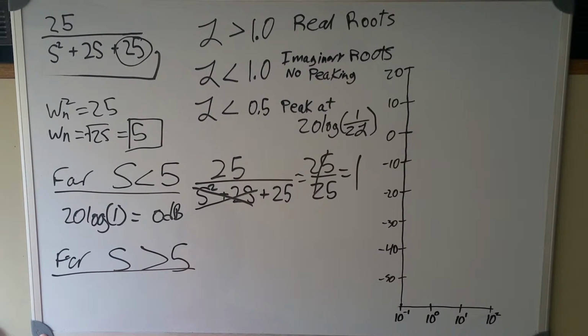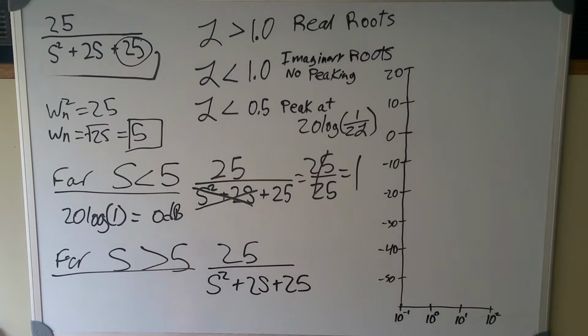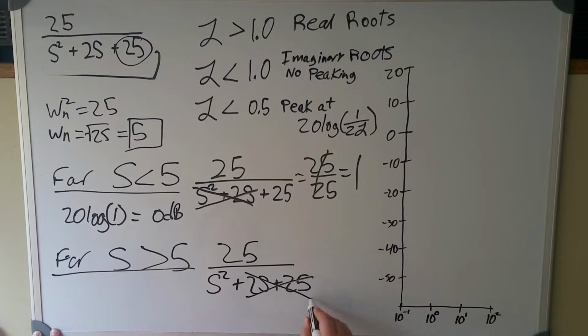And then for s greater than 5, s squared plus 2s, 25. We have to figure out what to cancel out here. So for s greater than 5, we will cancel out this portion, leaving us with 25 over s squared.